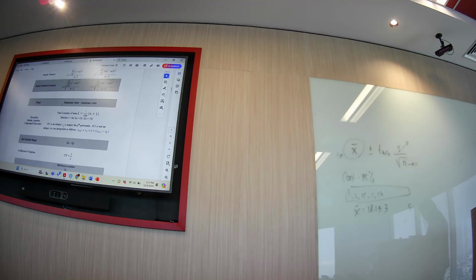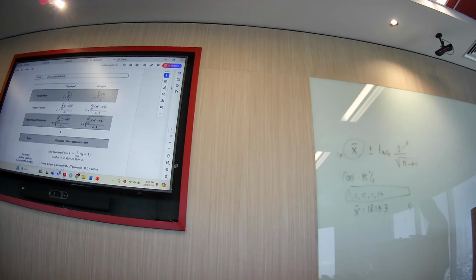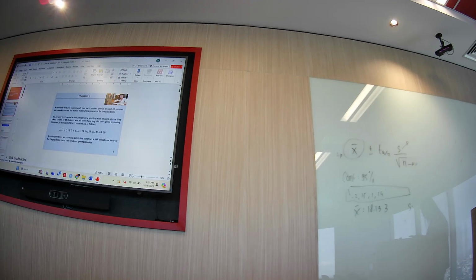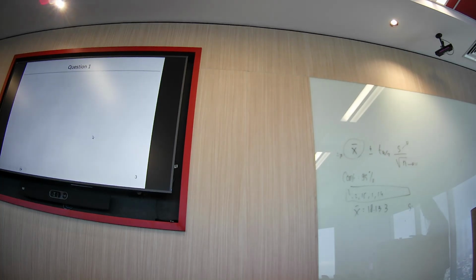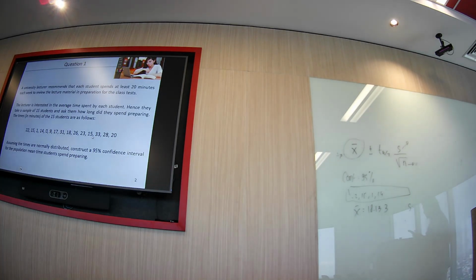Or maybe it's too complicated if you look at this one. Okay, to find the standard deviation, you can use this one, with the square root. And then if you still remember, this will be the actual data.